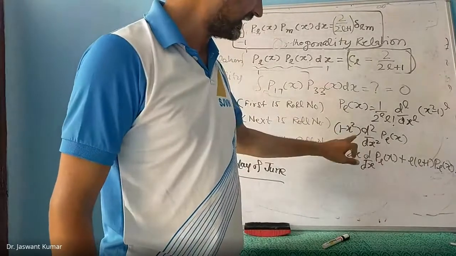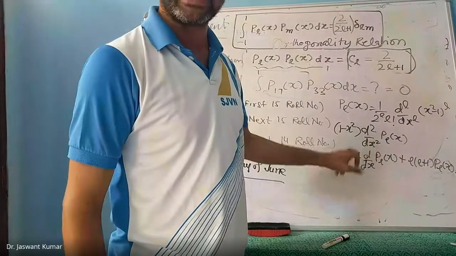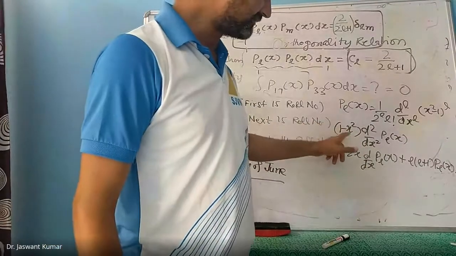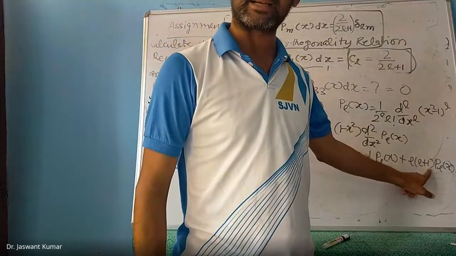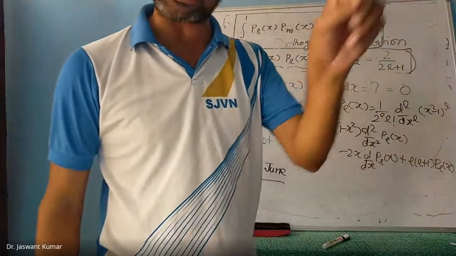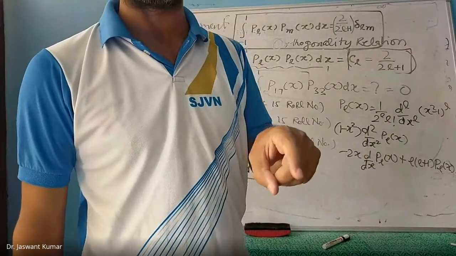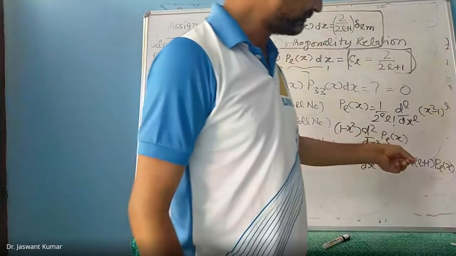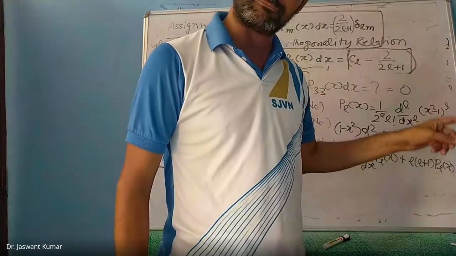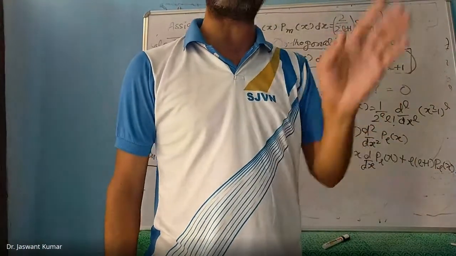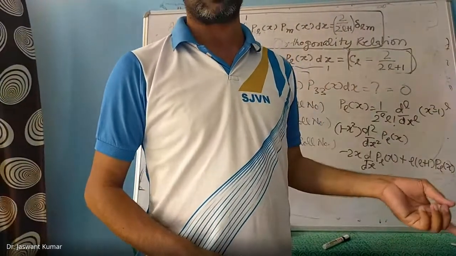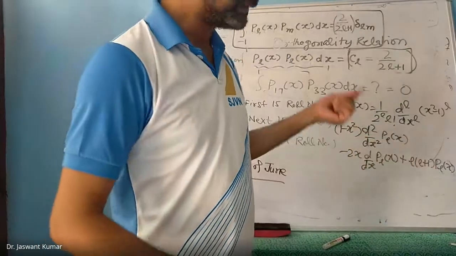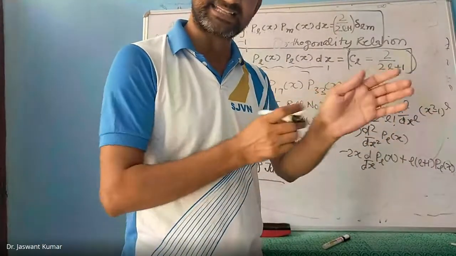But this was kind of a cheating, because the equation was not only this. There was an additional term, minus m squared by (1 minus x squared) into P_L of x. But we dropped that term by assuming m to be 0, and assuming m to be 0 was a cheating.